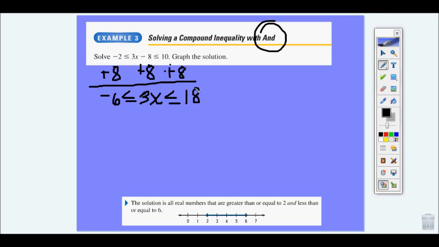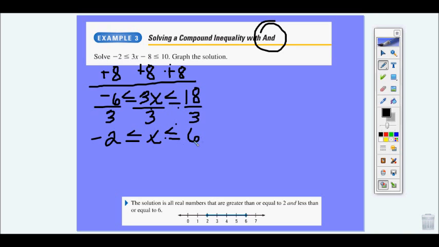Now, staying with the same rule of balanced equations, I'm going to divide by 3 to solve for my single variable, but that means I need to divide all parts by 3. I'm dividing by a positive 3, so I do not have to worry about reversing any symbols. So I would get negative 2 is less than or equal to my single variable x, which is less than or equal to 6.